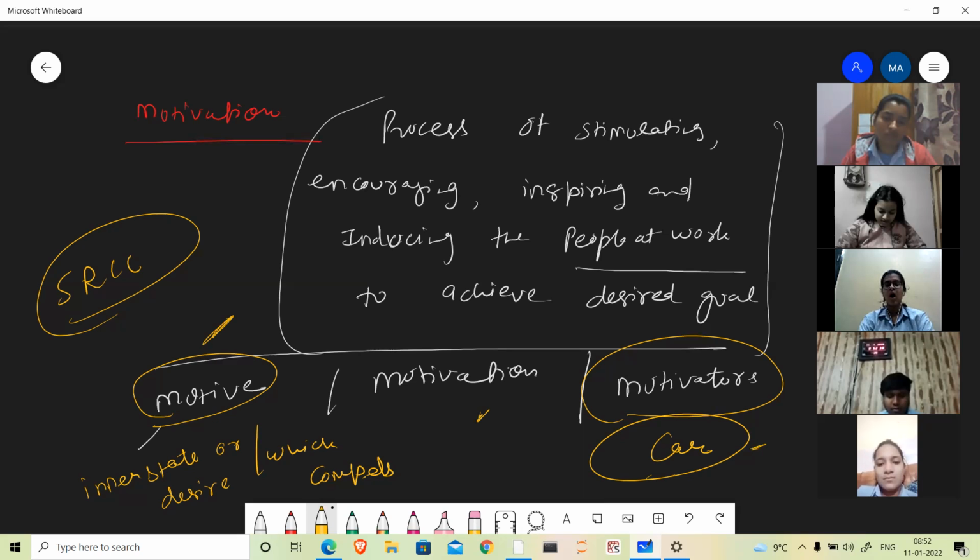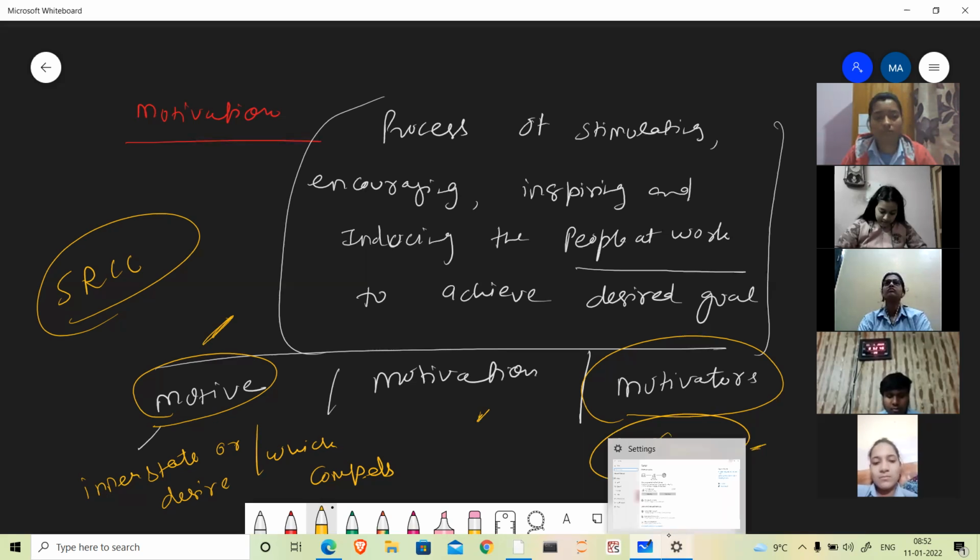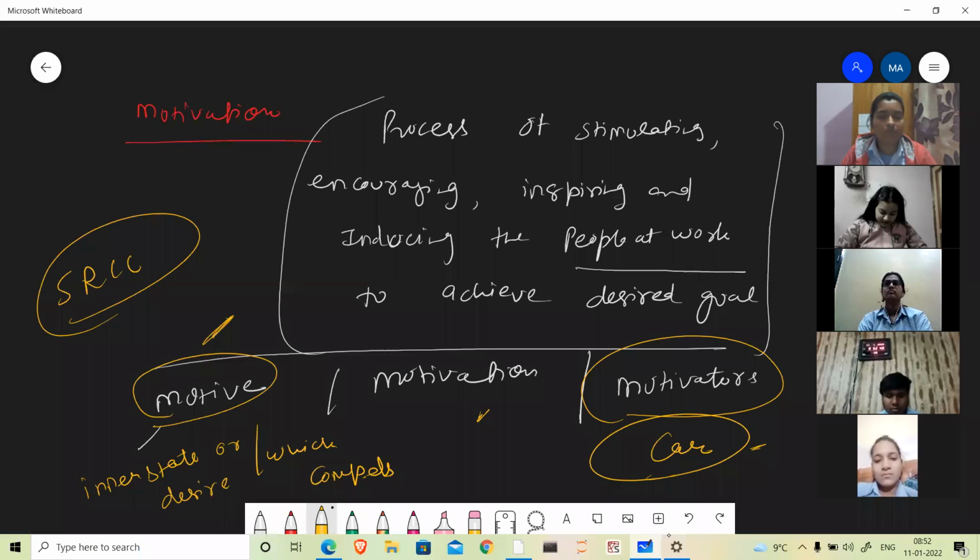Car is a motivator. So motivators are the tools or techniques or incentives through which a person can be motivated. Car is a tool, technique or incentive through which a person can be motivated. These motivators can be of two types: financial motivators and non-financial motivators, which we will be studying in detail in the later part of the chapter. Clear?